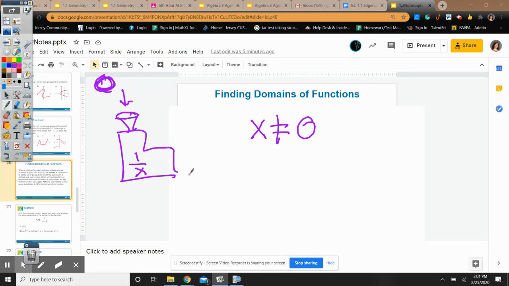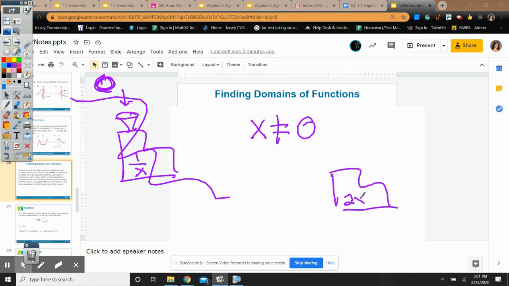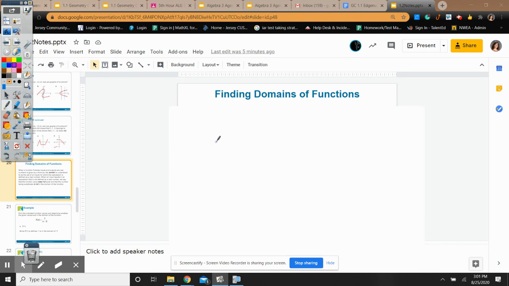It's a really bad deal, and it breaks the machine. So this has a restriction. X cannot equal 0 because it has a risk factor. Now, if the equation was just 2x plus 3, there are no risk factors. There's no division and no square roots. So the domain will be all real numbers because there's no risk of this machine breaking. The only machines that could possibly break are the ones that have fractions or square roots.